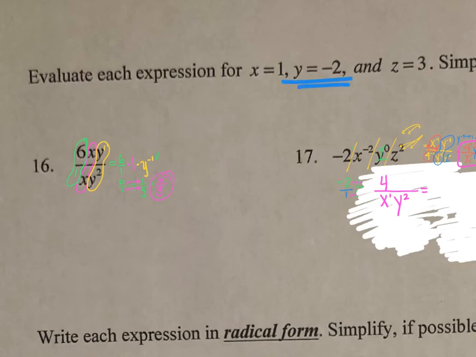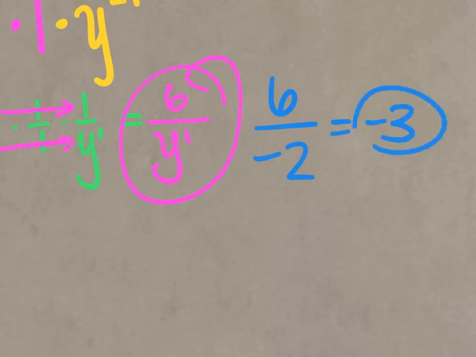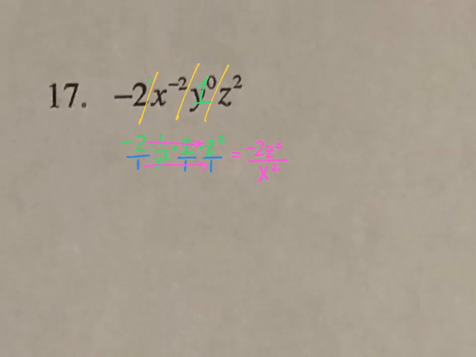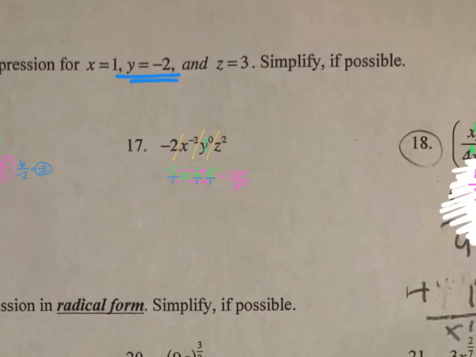So y equals negative 2. If we plug in negative 2, you get 6 over negative 2, simplifying to negative 3. Let's look at the next one. We have to plug in 1 and 3.